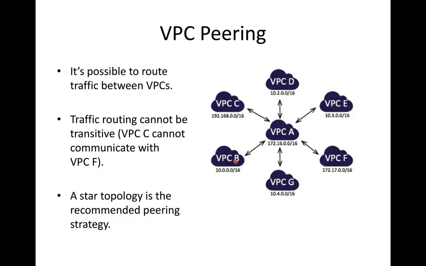You can't just route data across VPCs that way. So the recommended topology when you're peering VPCs is to create this sort of star topology where you have multiple VPCs all connecting back to a single VPC.